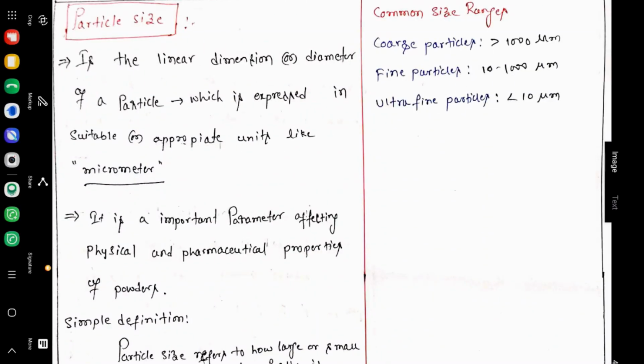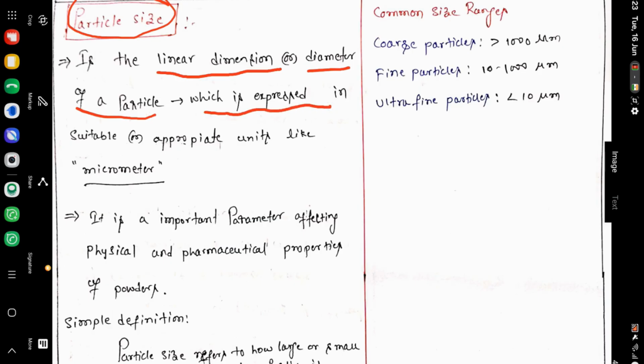The first property is particle size. Particle size is nothing but a linear dimension or diameter of a particle, which is expressed in appropriate units like micrometer. Suppose here it is a particle.